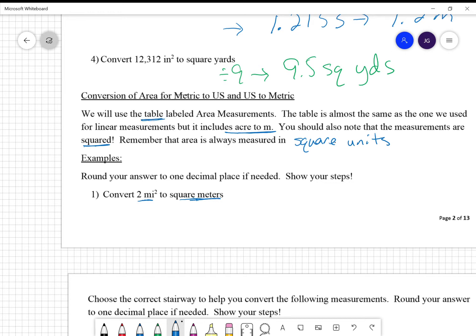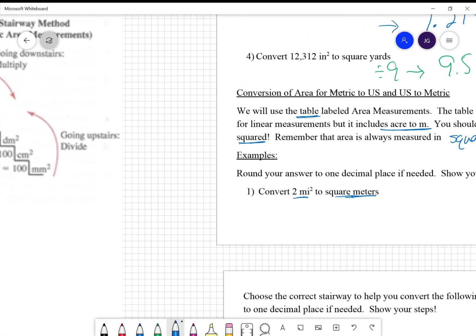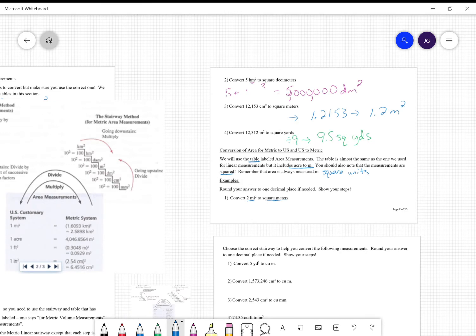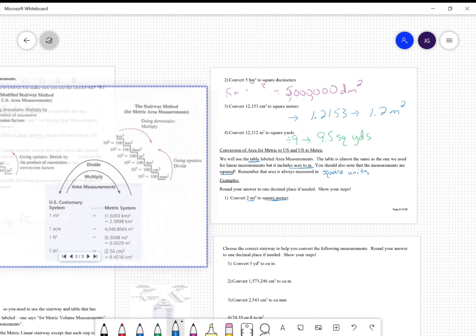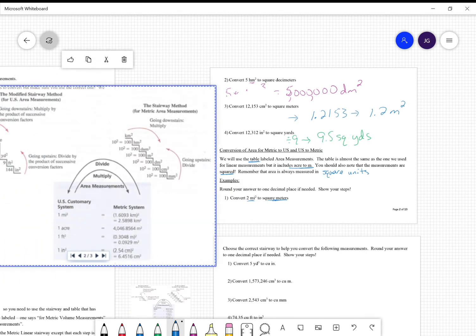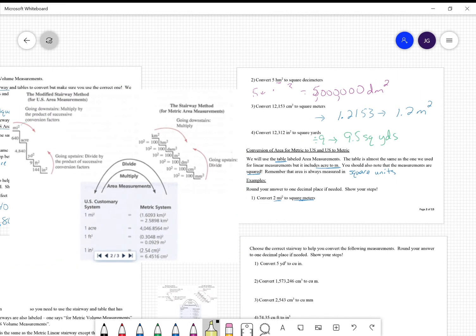Okay, so let's go back and get the table. Let's go down a little bit. All right, so I want to go from square miles to square meters. On my chart, here's square miles. If I go this way, I am multiplying.